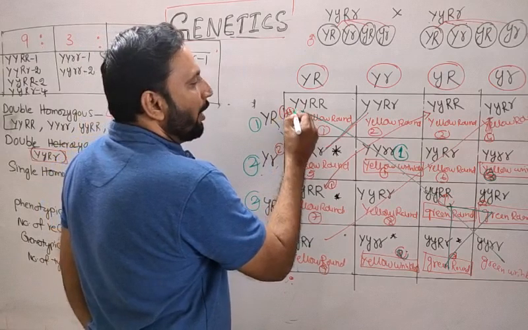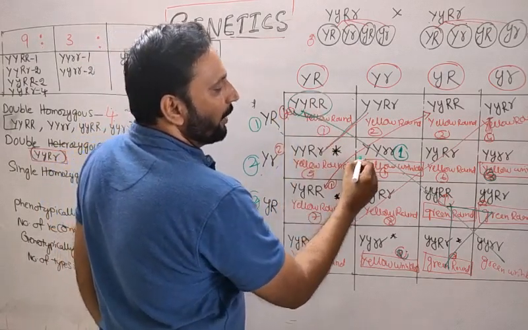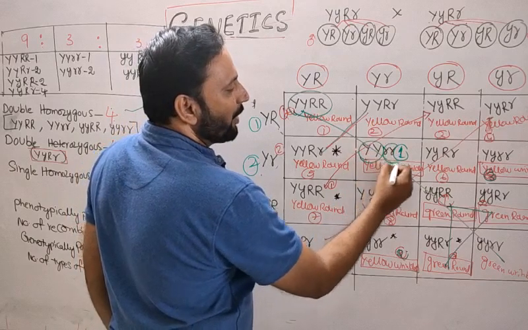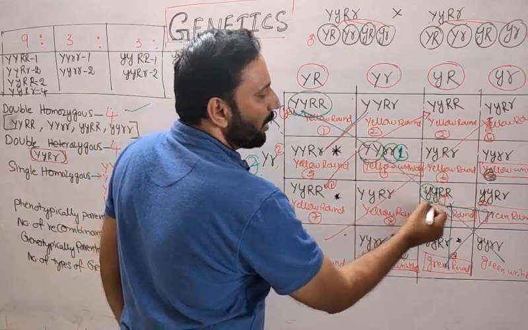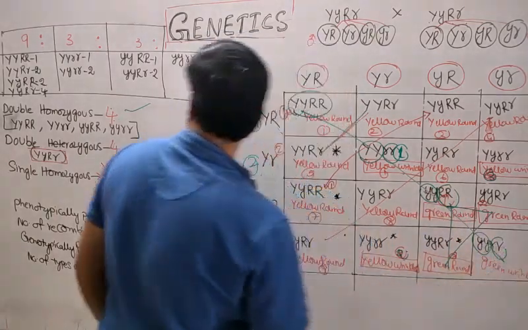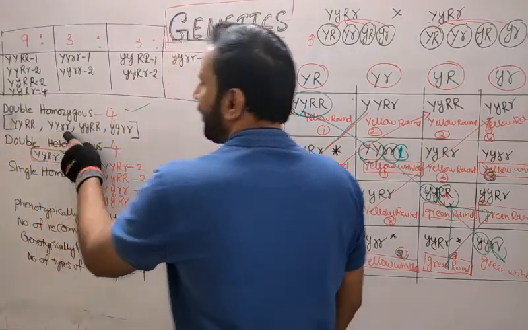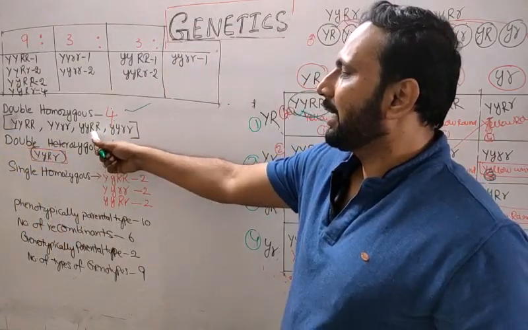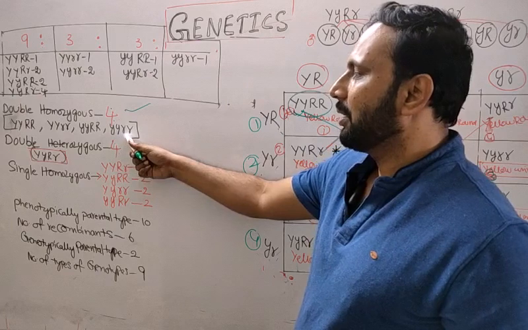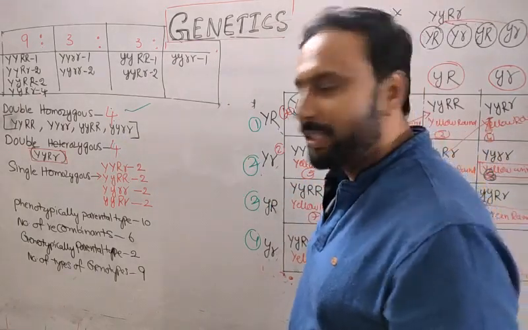Double homozygous: capital Y, capital R; capital Y, small r; small y, capital R; small y, small r. So 4 are there. So double homozygous 4.